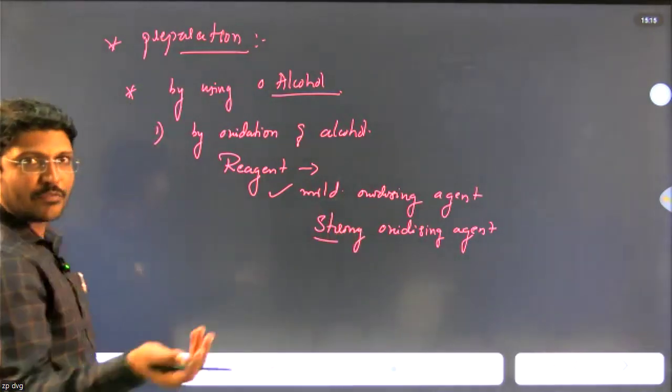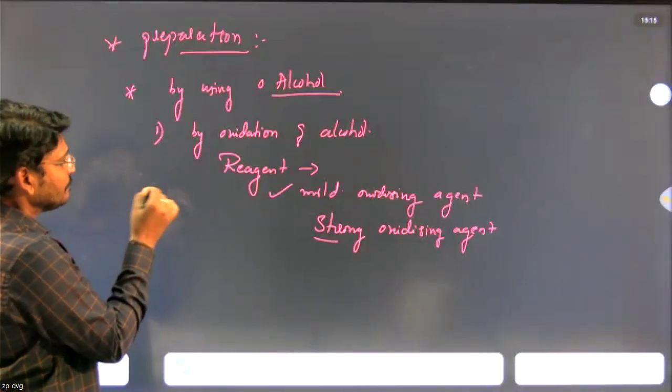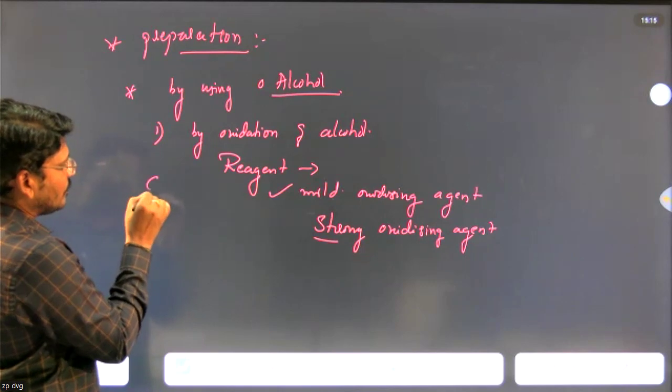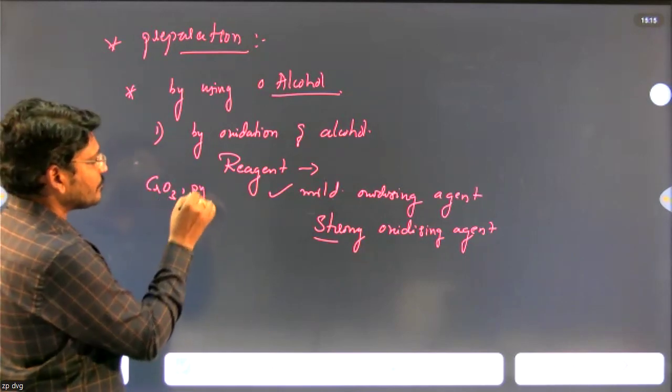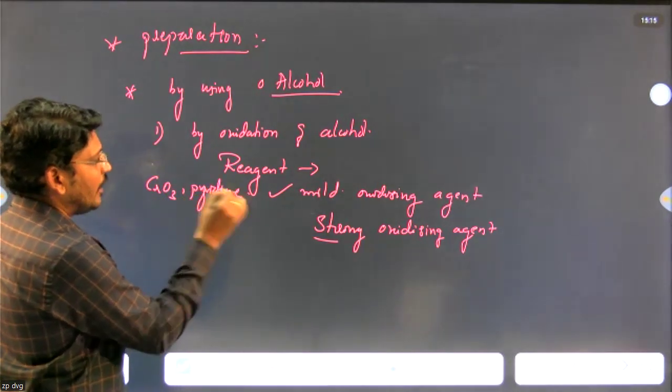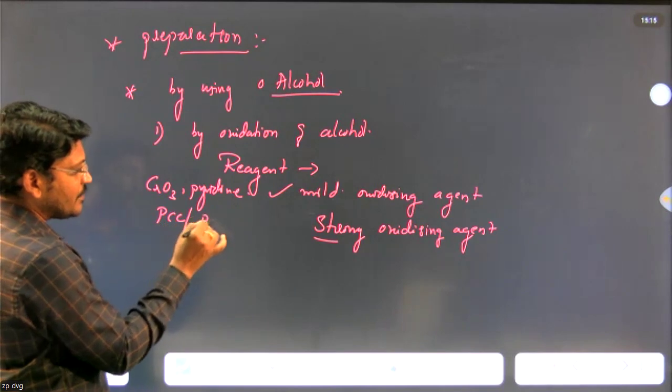I think you must have discussed this in alcohols and phenols as well. So normally we can use chromium trioxide, we already know chromium trioxide in pyridine. Another one we already know is either PCC, otherwise PDC.